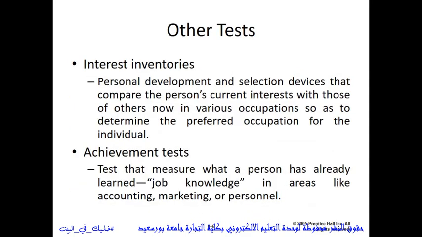So far we have discussed 3 major types of tests: cognitive tests, physical tests, and personality-based tests. Now, I cannot say that there is one type that is superior to the others or one type that is inferior. Actually, there is no one best test.